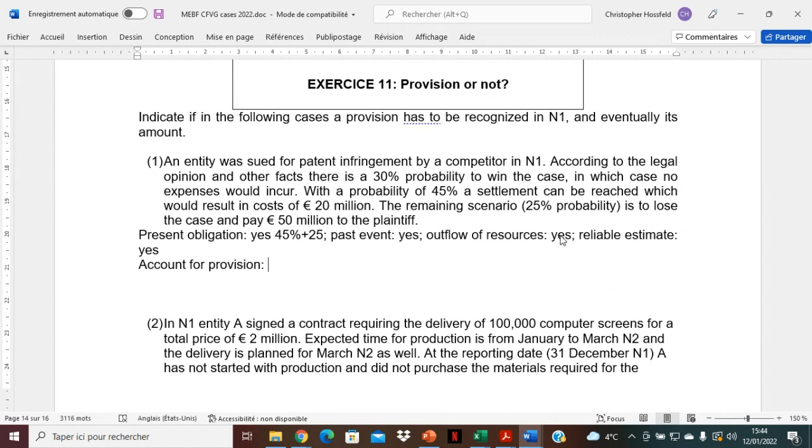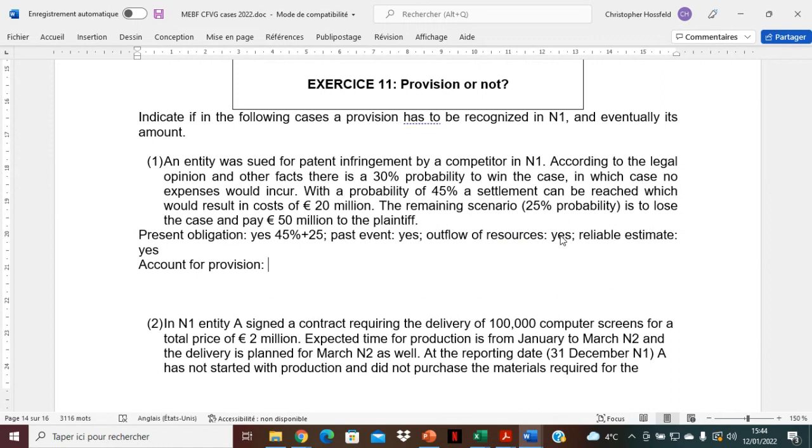Any idea? So we could have a weighted approach, 30% 0, 45% 20 million, etc. That's possible. We could take the worst case scenario, 50 million, maybe also possible.